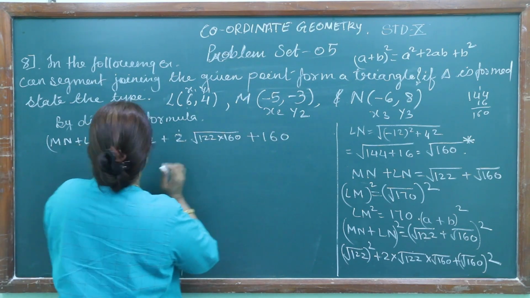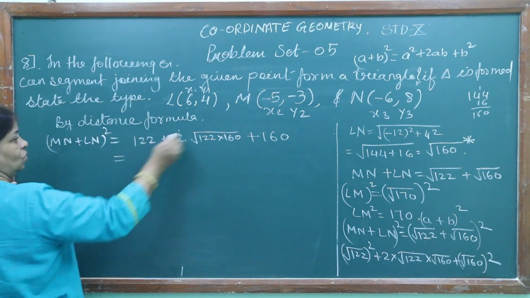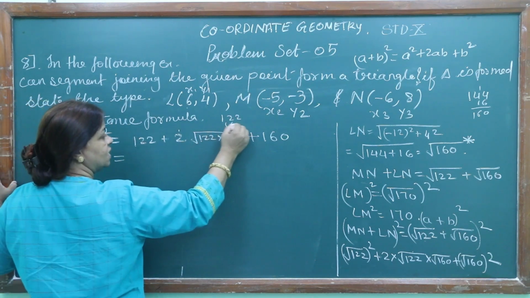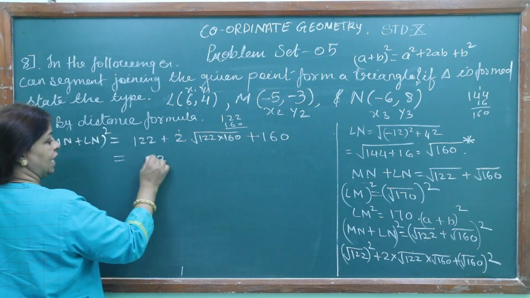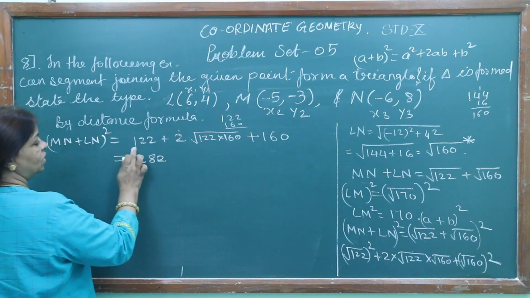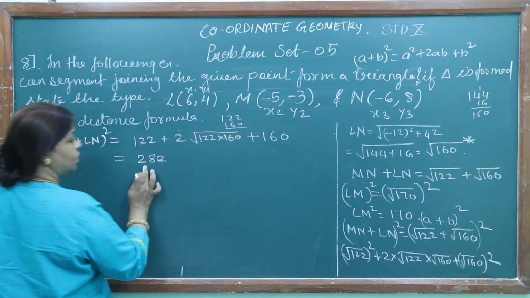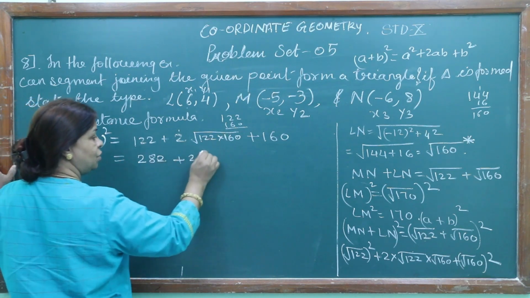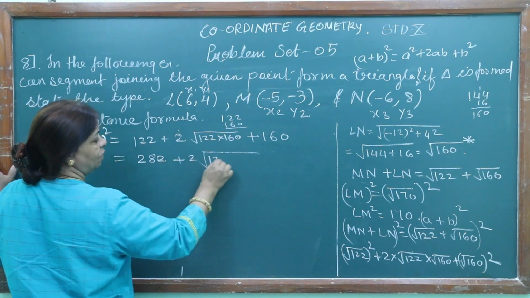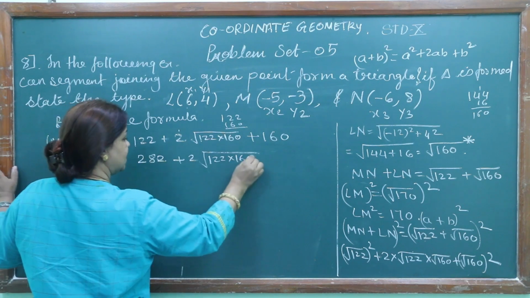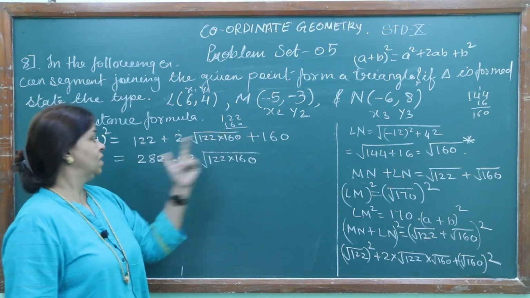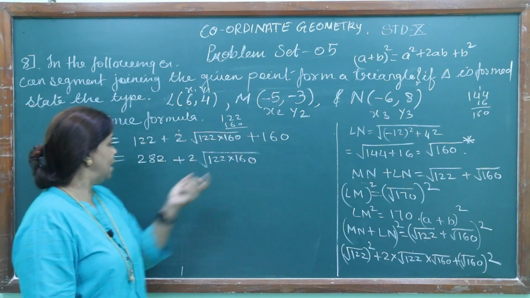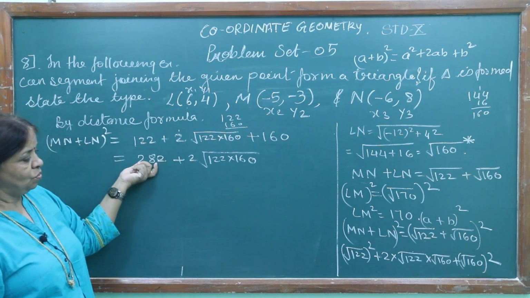If I add both, what am I getting? 122 plus 160 will be 282. This plus this will give me 282 plus 2 into 122 into 160. Means when I am adding them, only after adding them I am getting 282.